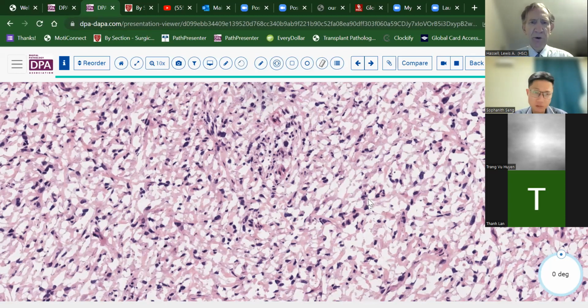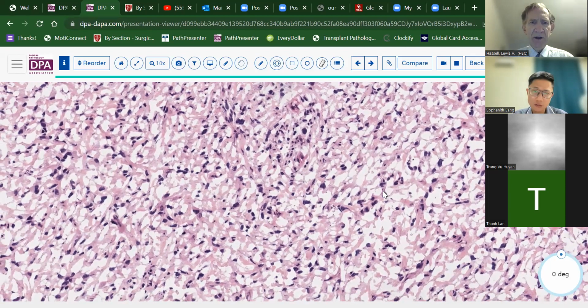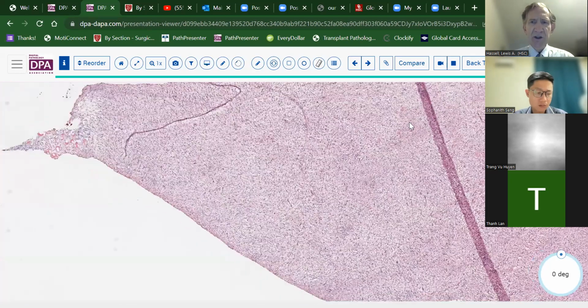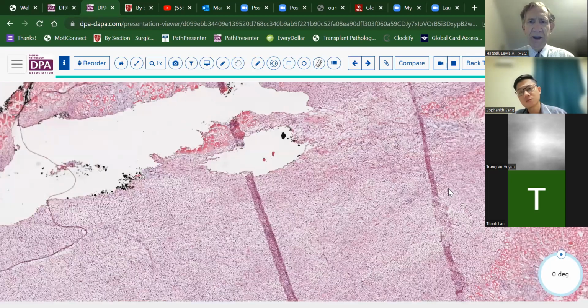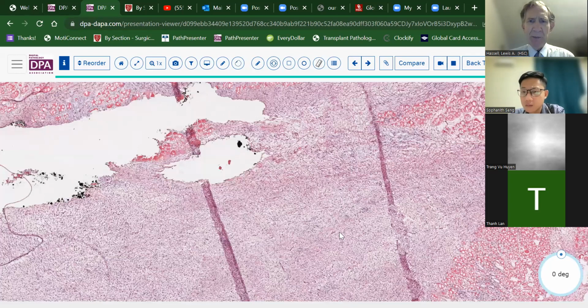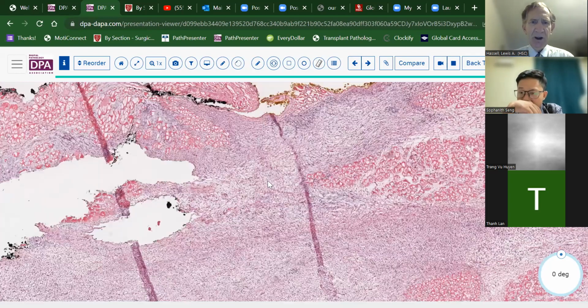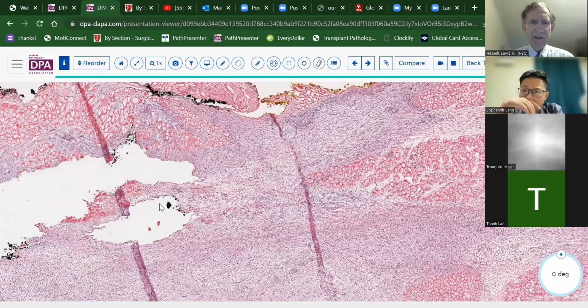And of course, those tumors do have this propensity to grow along fibrous septae, which you can see here as it grows along this fibrous septae. It infiltrates the skeletal muscle in areas.